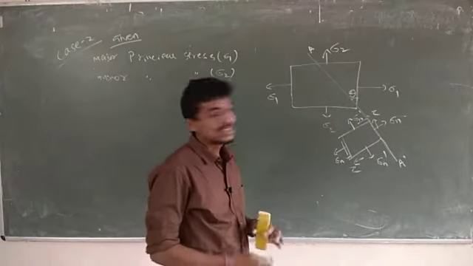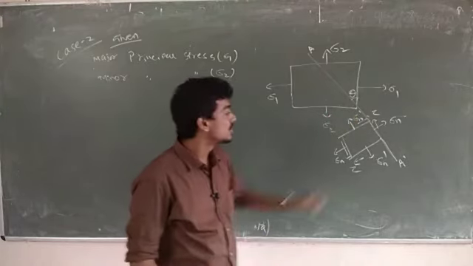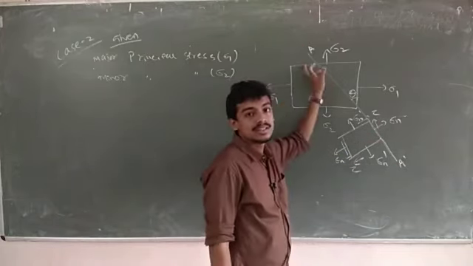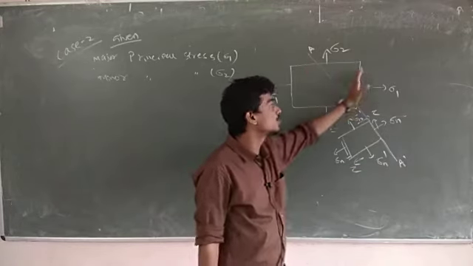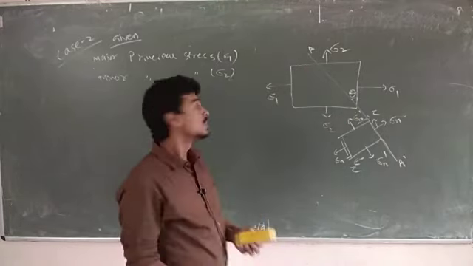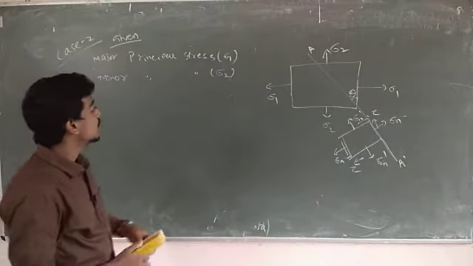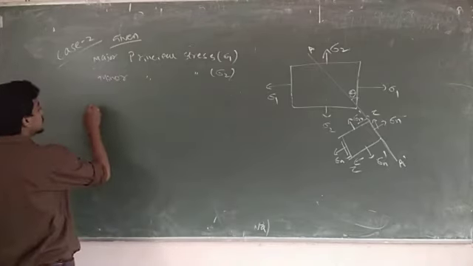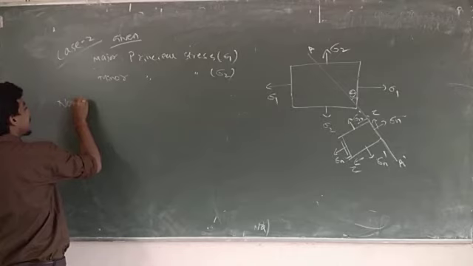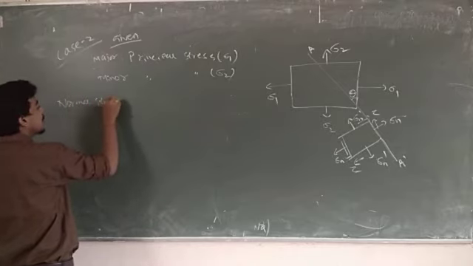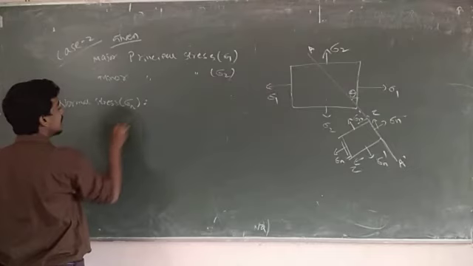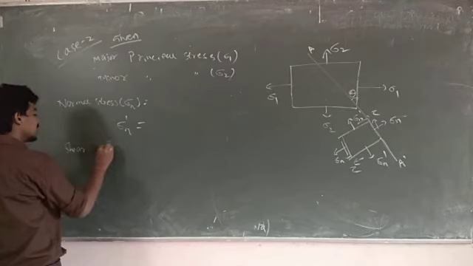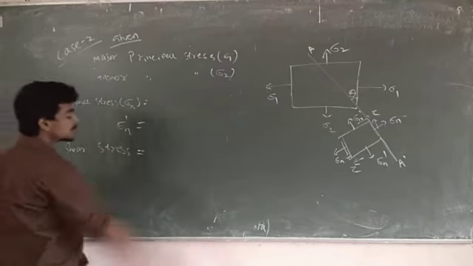You have to find the normal stress and shear stress on a plane A dash, which is at an angle theta to the vertical plane. You use the same kind of formulas: the normal stress in both directions, sigma n and sigma n dash, and the shear stress. That's it. This much formula is required.